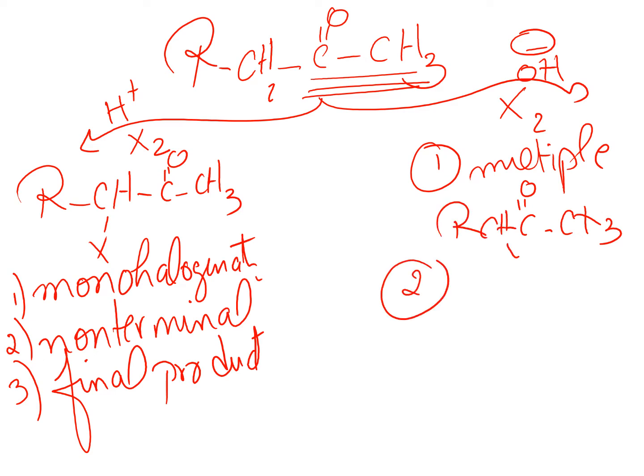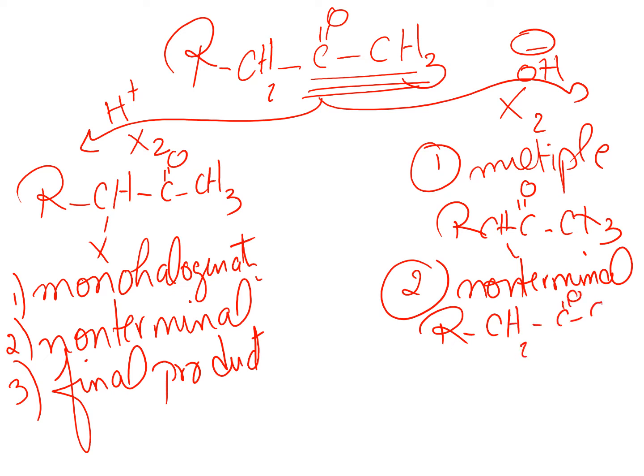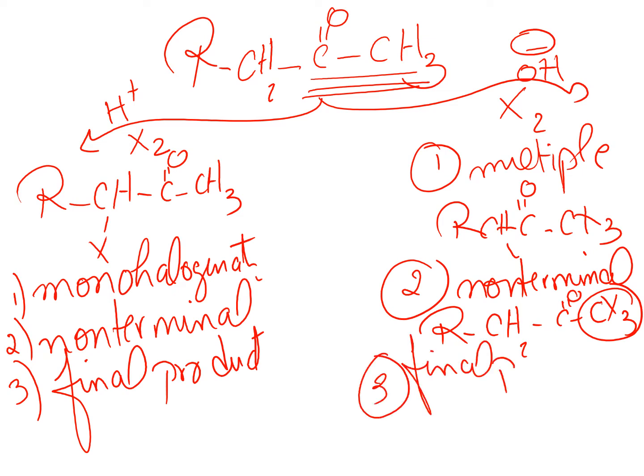Secondly, it's a non-terminal. Your attack will be on the peripheral alkyl group, as you can see. And finally, the final product is a decomposition product where you will get the haloform plus the sodium salt of the acid.